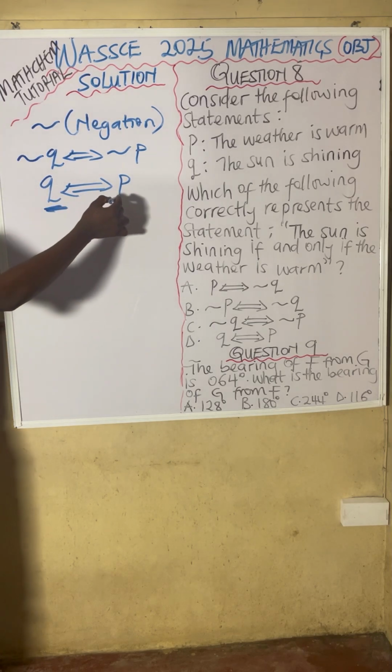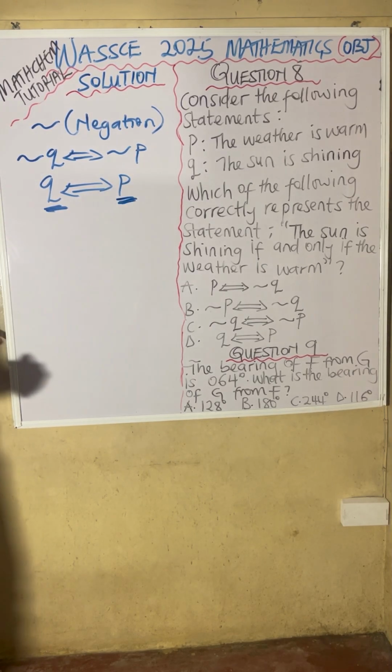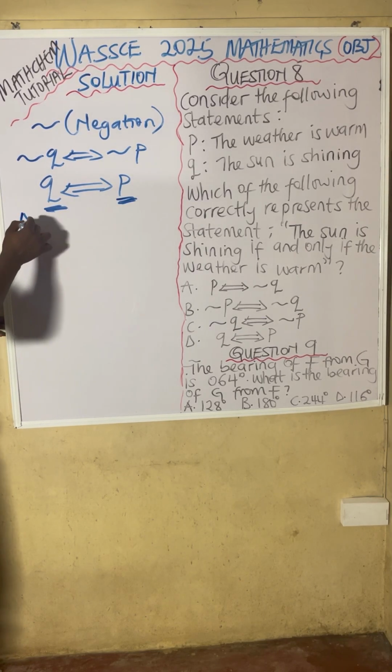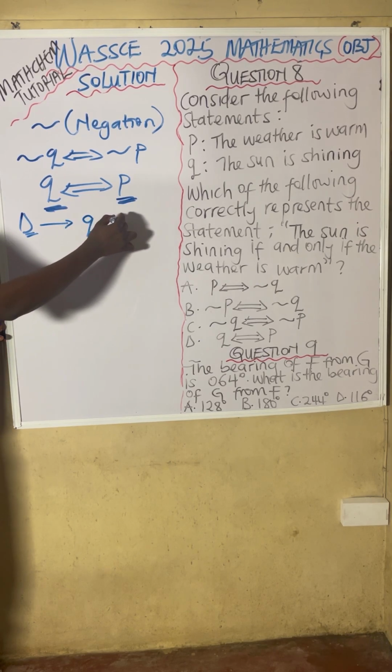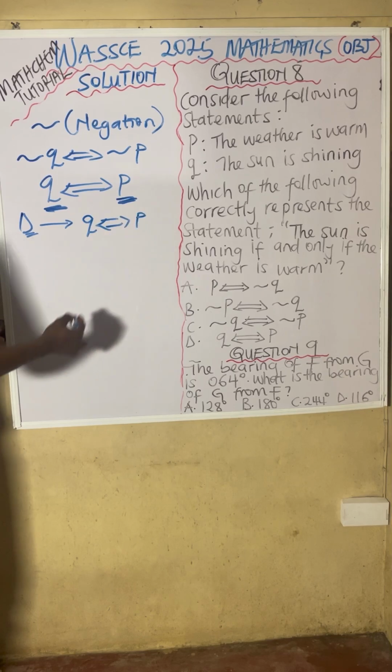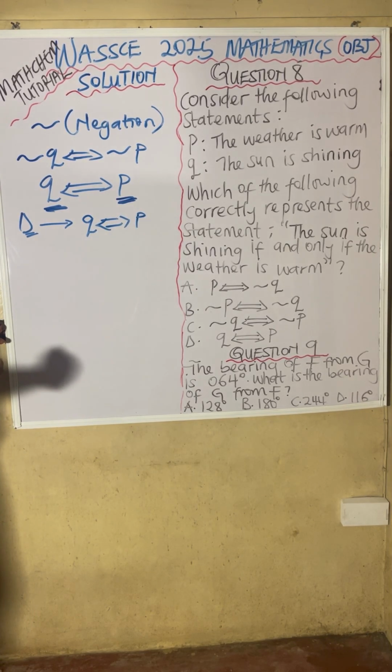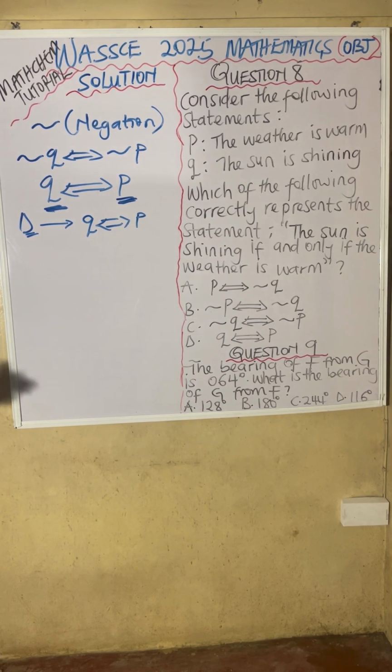The weather is warm is for P. So the right answer for this is option D. Option D is the correct answer, which says that Q implies P. Are they saying P implies Q? No, that would be wrong. And all the other options are wrong, except this particular option, which is the correct one for question number 8. So D is the right answer for question number 8.